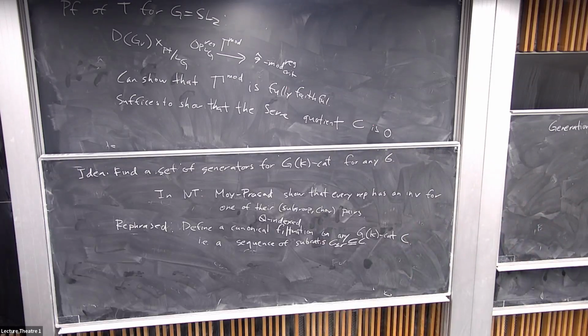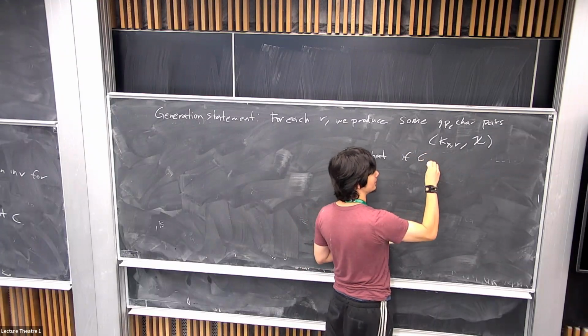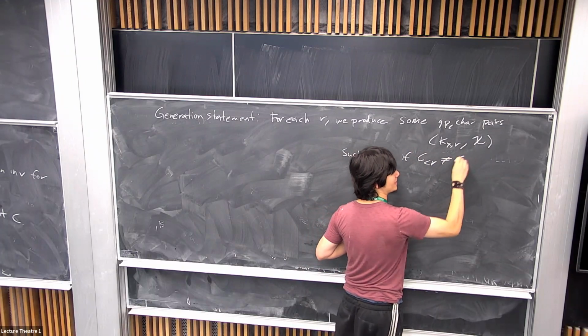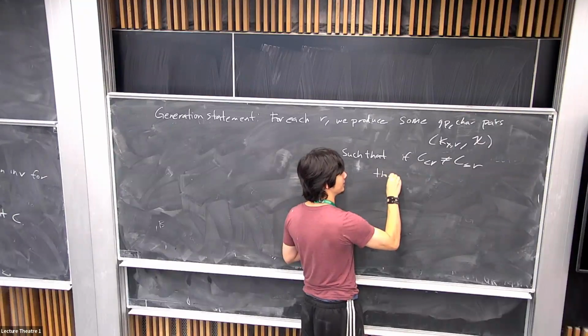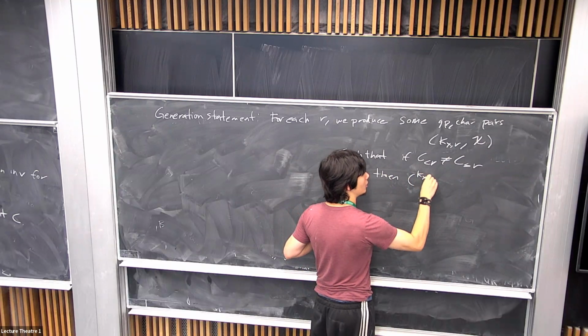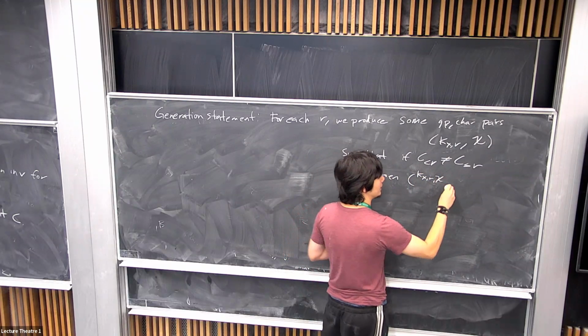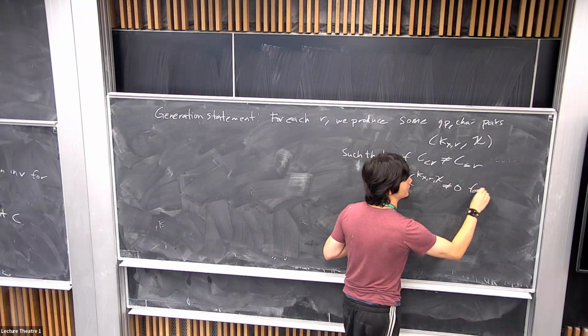That is, if C less than R is not the same as C less than or equal to R, then C^{K_{x,R},chi} is non-zero for some x.